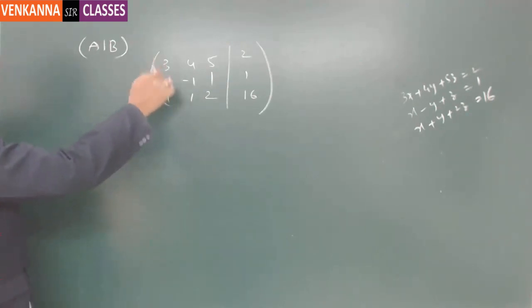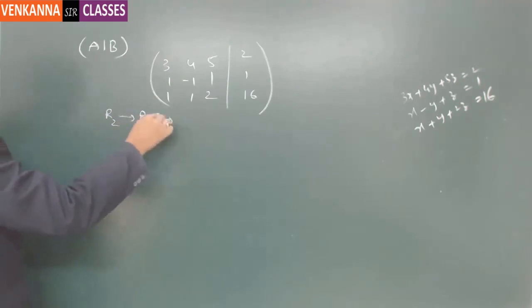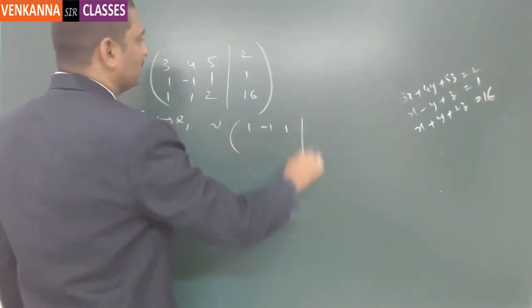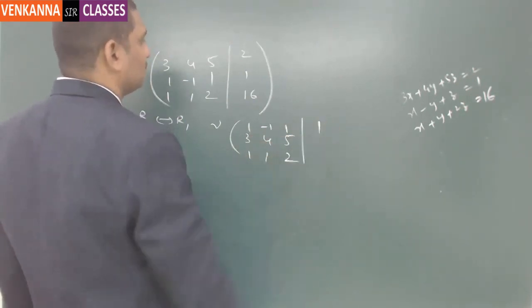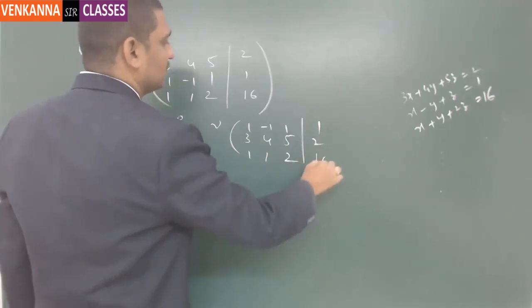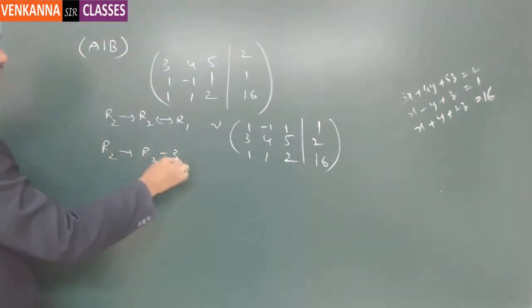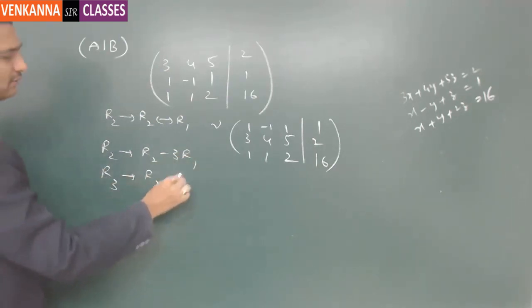Let us interchange these two for convenience: R1 tends to R2 and R2 tends to R1. So equivalent to 1, minus 1, 1, oblique 1; 3, 4, 5, oblique 2; and so on. So R2 tends to R2 minus 3 R1 and R3 tends to R3 minus R1.